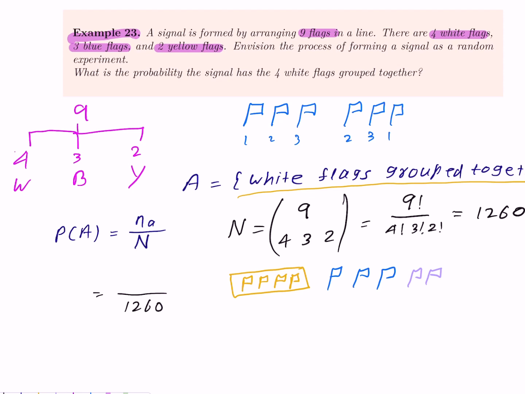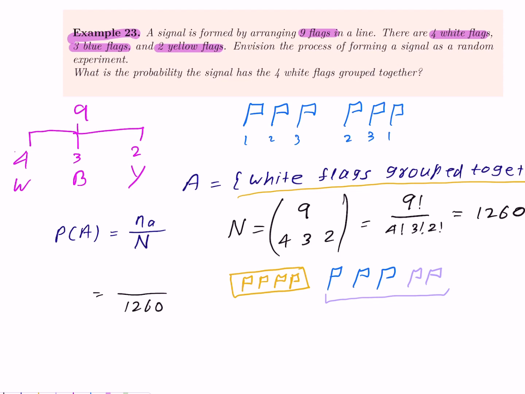So now think about this. How do we do this one? How many total now do you think? First think this way. We have here 3 and 2, that is 5, right?